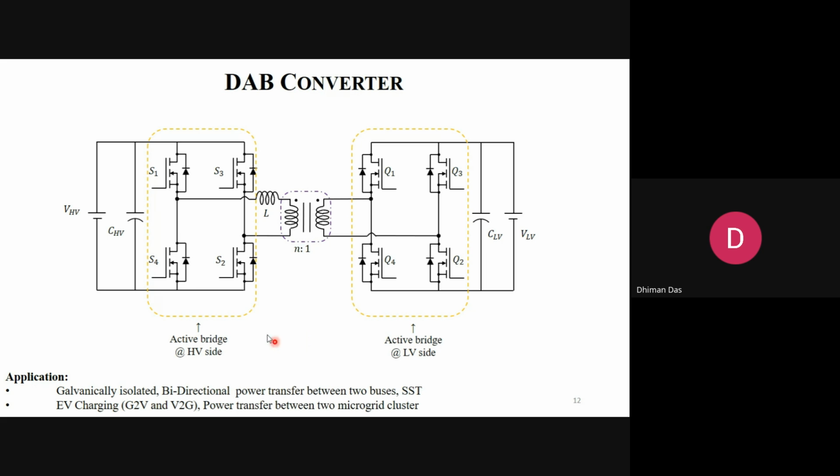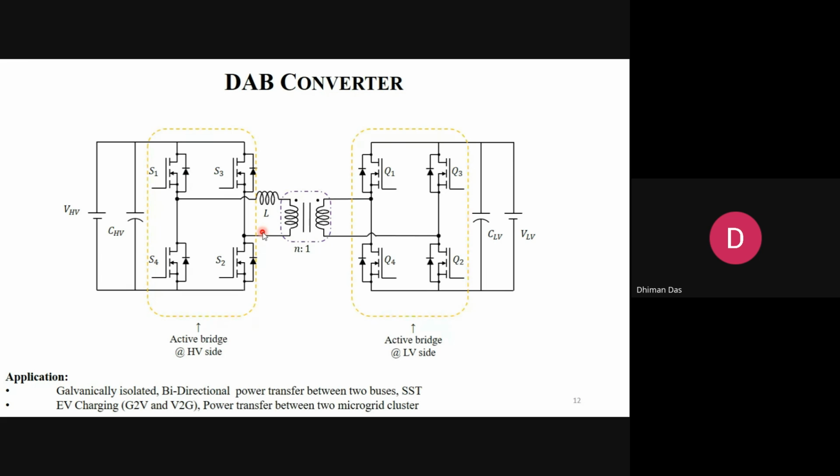So in LLC, we see one active bridge exciting one LC network, and on the secondary side the resonant current is generated because of the excitation, and that current is transferred to the secondary with the transformer and dumped to the secondary side capacitor.